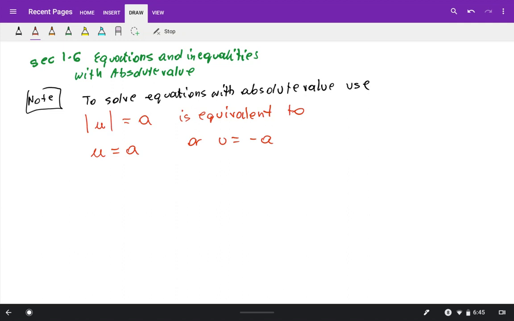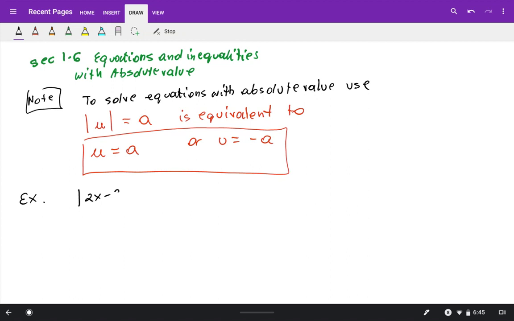Okay, and I'm going to give you an example. We have absolute value of 2x minus 3 plus 2 equals 7. To solve this equation, what you always have to do first is isolate the absolute value.